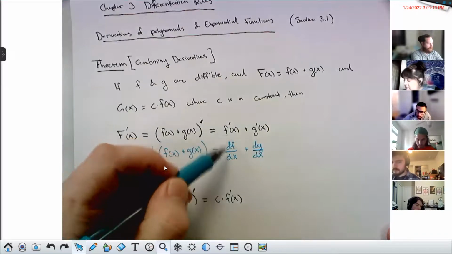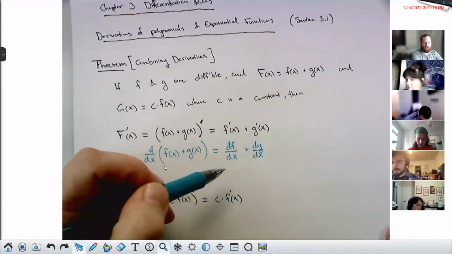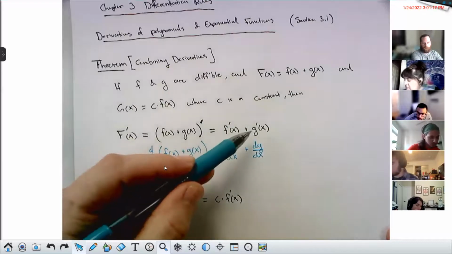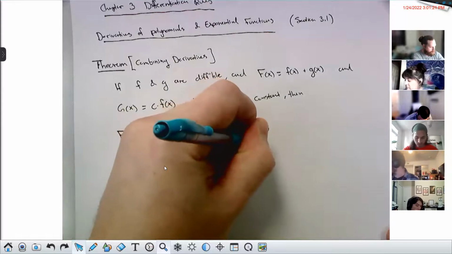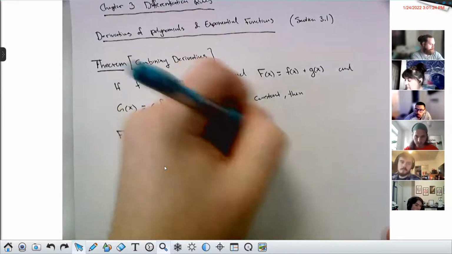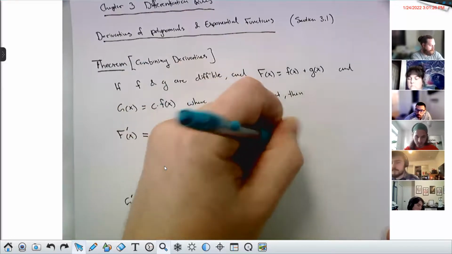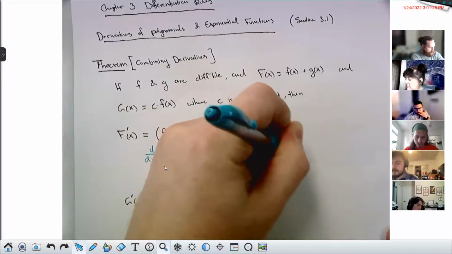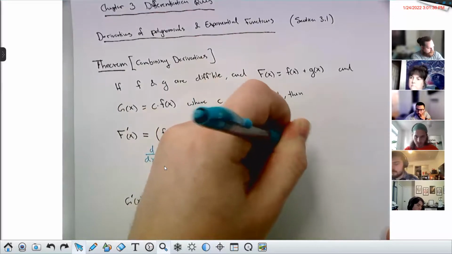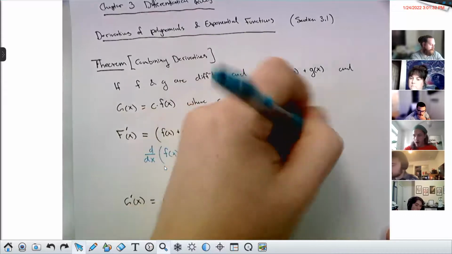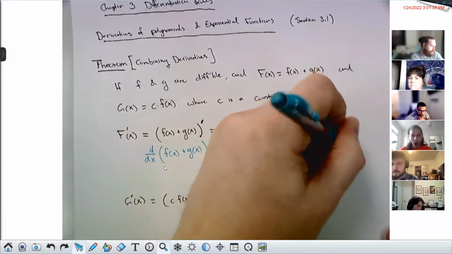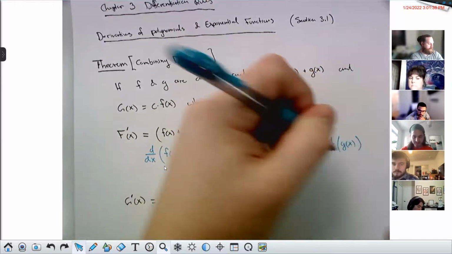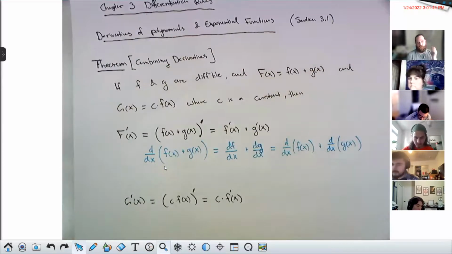So f prime can be written as df dx. g prime can be written as dg dx. Or the third way of writing this, and I know it's a lot of notation, would be d dx of f of x plus d dx of g of x. So again, d dx just means take the derivative of the thing next to me.